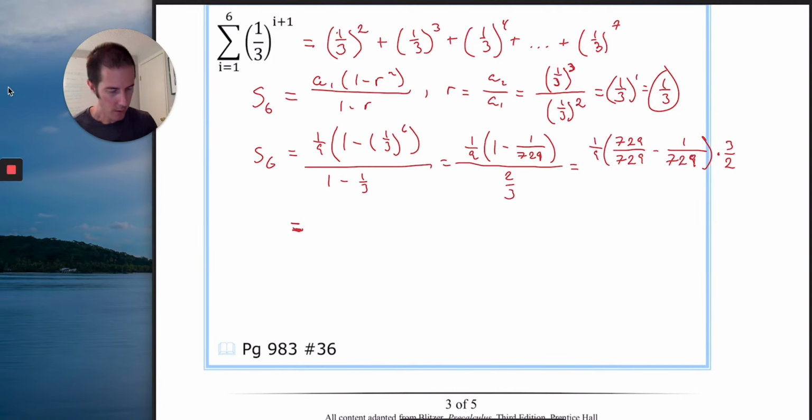I think what I'll do next is this 1 over 9 and the 3 over 2, maybe I'll put those next to each other. Those are going to be pretty easy to simplify. 1 over 9 times 3 over 2. So the 3 and the 9 in my next step, those are going to reduce.